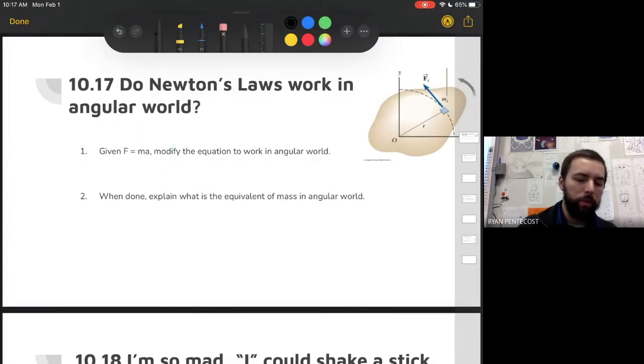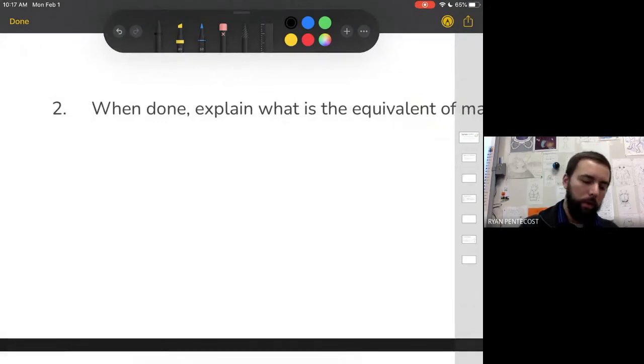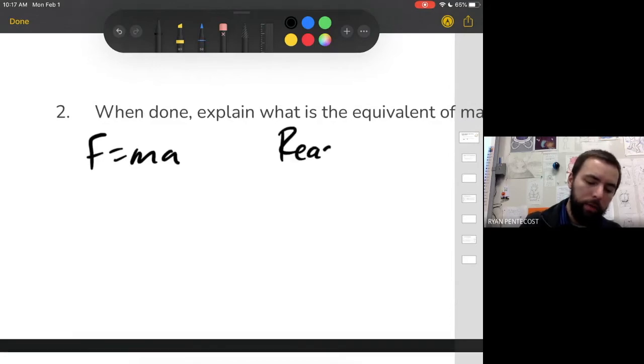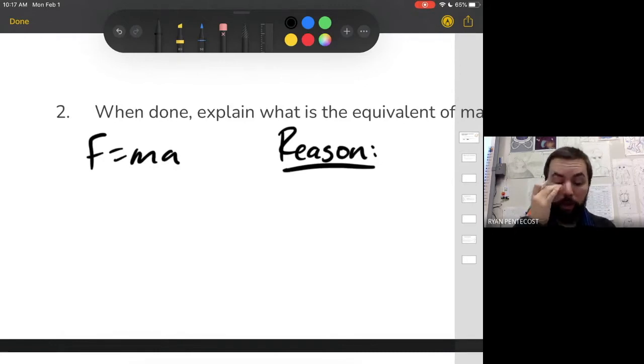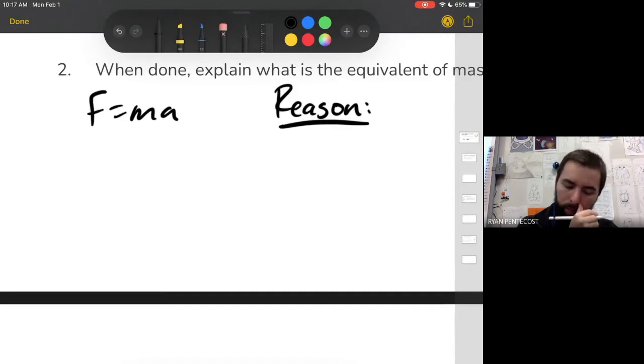So first, I'm going to give you the F equals ma, and then every time we make a change, I'll give you the reason that we're making that algebraic change. Okay? So first, we want to clarify that this is a tangential force using tangential acceleration on some particle mass, right?